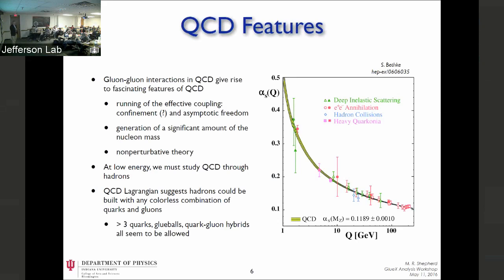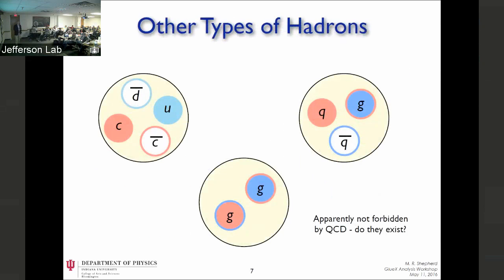None of that seems forbidden by QCD. And so understanding how these complex objects, or how matter effectively emerges from this fundamental theory, is a lot of why we want to study the spectrum of mesons, to get insight into how we build hadrons from the fundamental theory of QCD.